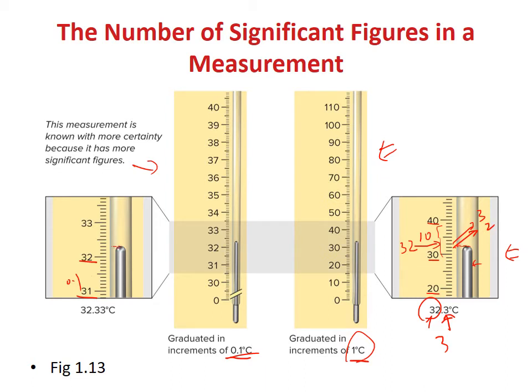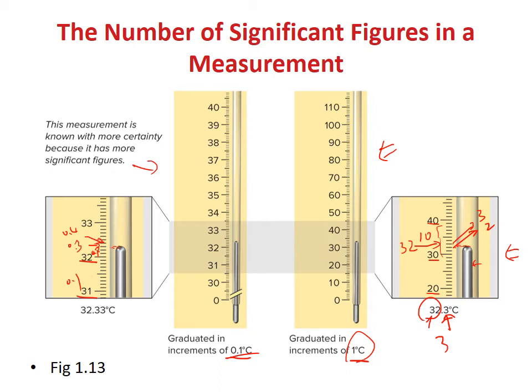Because each one is 0.1, this is 32.1, 32.2, 32.3, and the height is between 32.3 and 32.4.